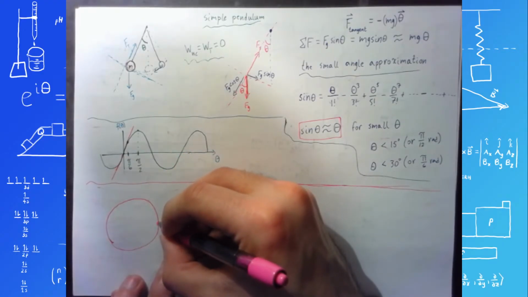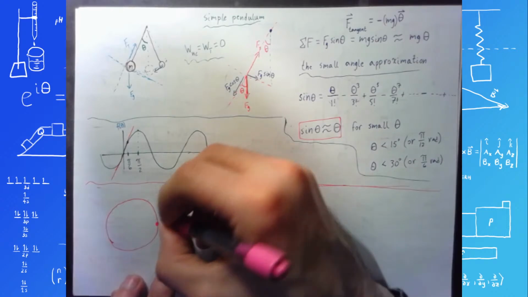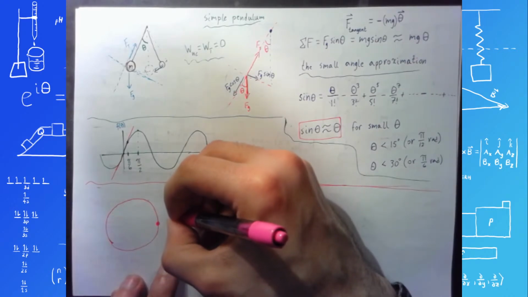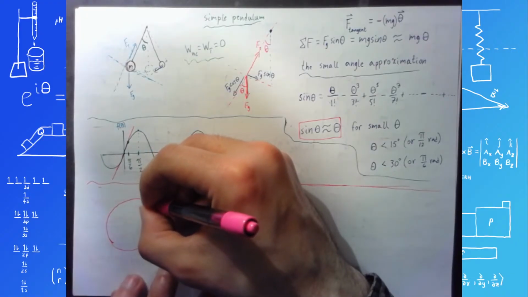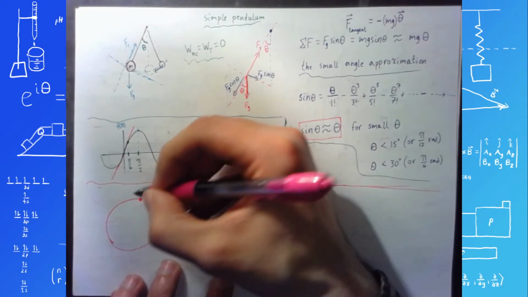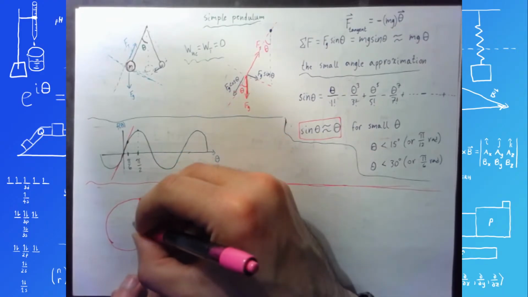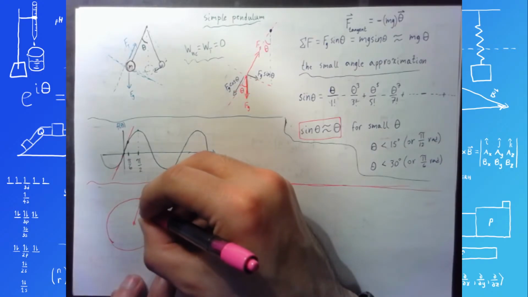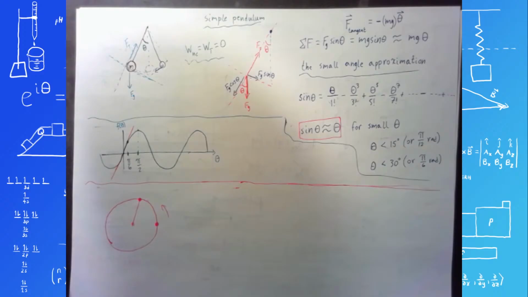So let's say we have an object over here, and it's moving around, and maybe we see it at some other instance, it's over here. And let's take a look at how this thing behaves.